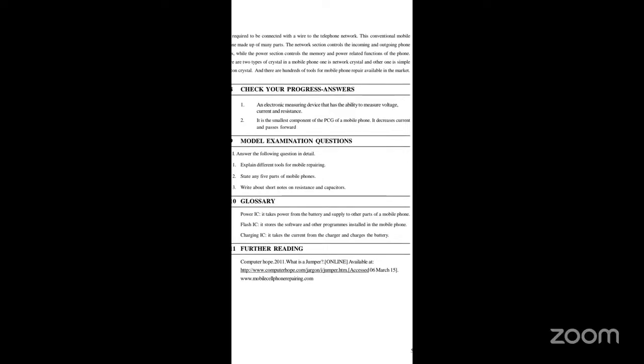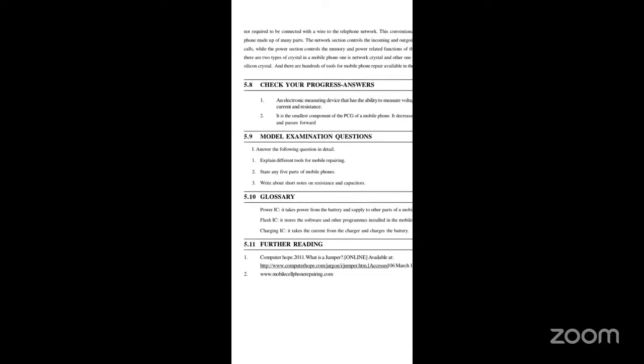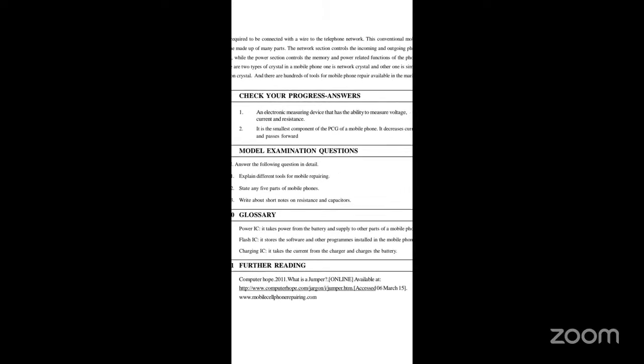This conventional mobile phone is made up of many parts. The network section controls the incoming and outgoing phone calls, while the power section controls the memory and power related functions of the phone.